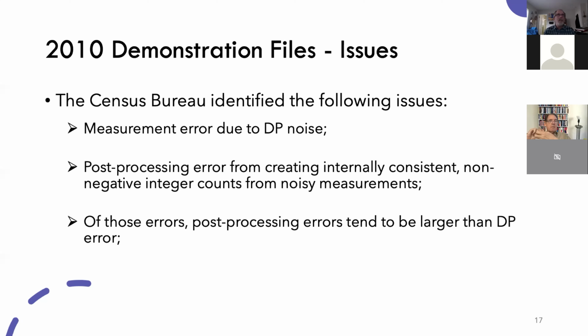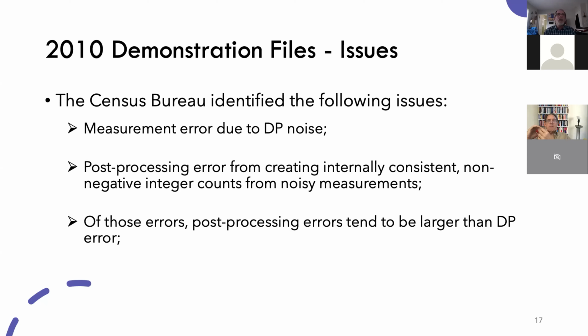They also found, and probably more significantly, that the post-processing from creating internally consistent non-negative integer counts from noisy measurements actually tended to contribute a larger amount of the error than the measurement error resulting from the differential privacy noise that was injected into the data sets.